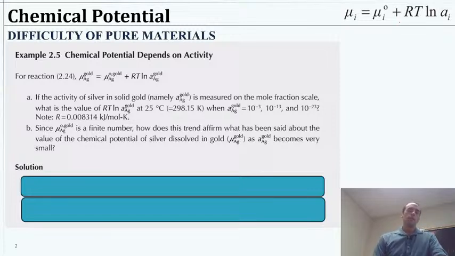So basically some standard starting point plus RT, the gas constant times the current temperature, which takes care of just the energy of the environment, so to speak, times the natural log of the activity of that species.